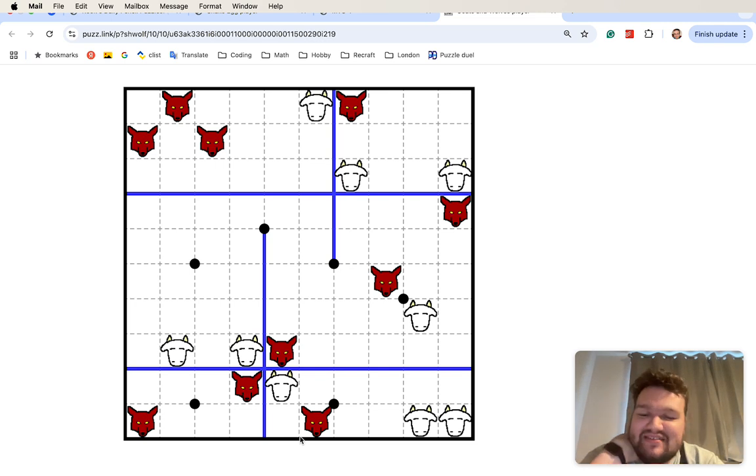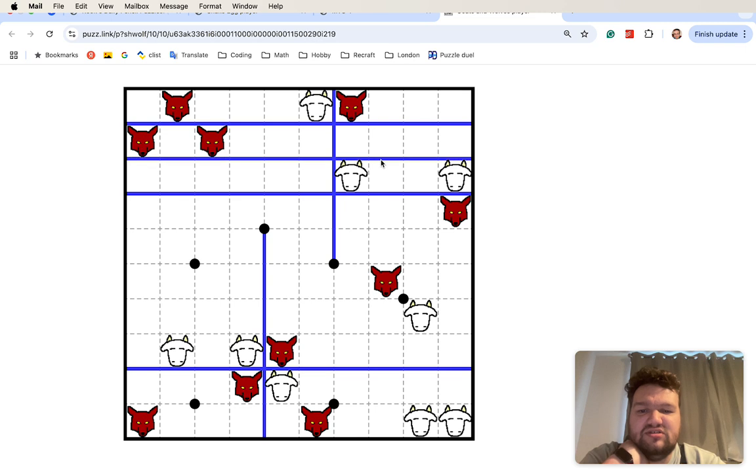I can't see what the next logical step would be. I need to separate those two. It must be done with a horizontal line like this or like this.